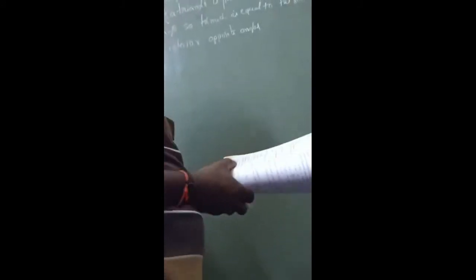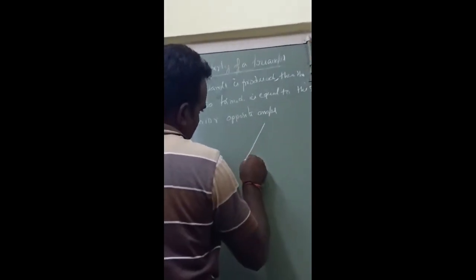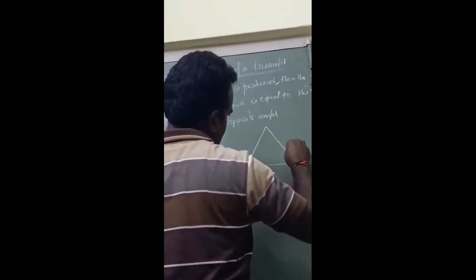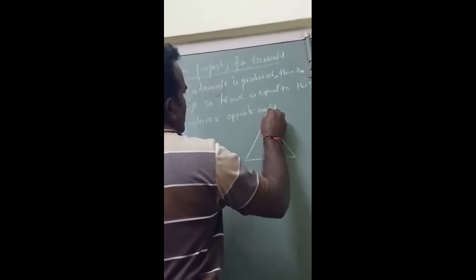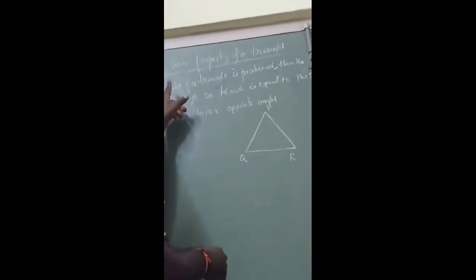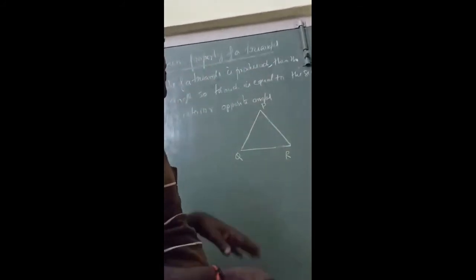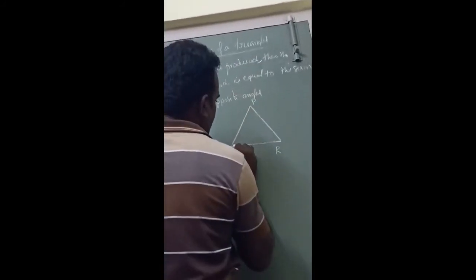Okay? So that means draw one triangle. This is a triangle PQR. If a side of a triangle is produced, here we can take one side.